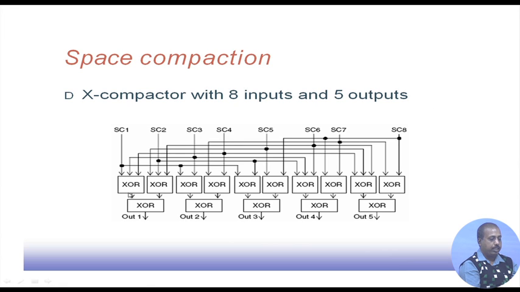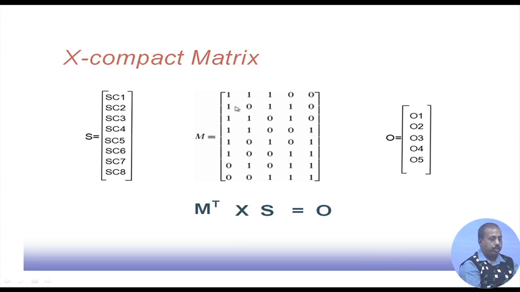This output 1 is basically a sum of the scan chains, M transpose into S. So, M transpose is basically the sum of all these scan chains, SC1, SC2, SC3, SC4, SC5, SC6.